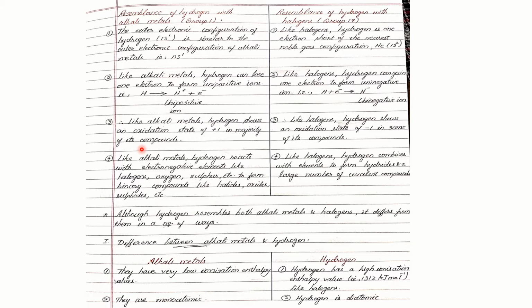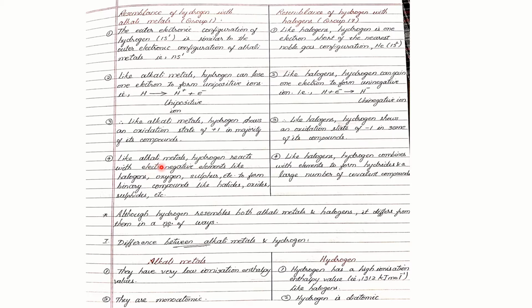We know halogens show greater tendency to gain an electron. So they have an oxidation state of -1. Since hydrogen also has greater tendency to gain an electron like halogens, it also exhibits an oxidation state of -1 in some of its compounds.